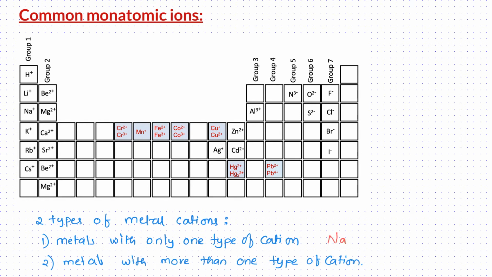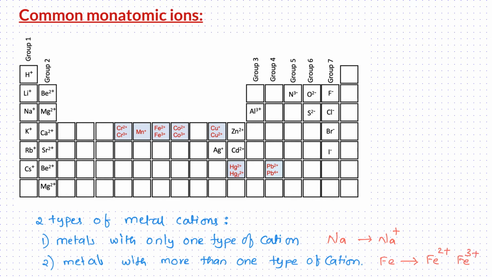Sodium is an example of a metal that can form only one type of cation, that is Na+. And iron is an example of a metal that can form more than one type of cation. Iron can form Fe2+ and Fe3+ cations.